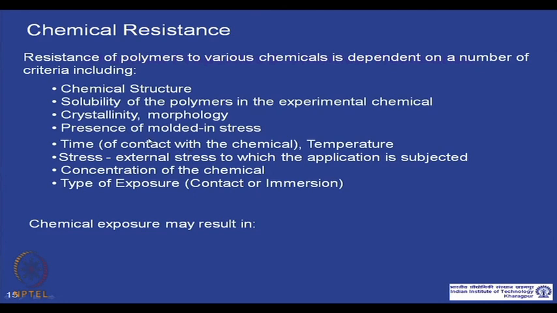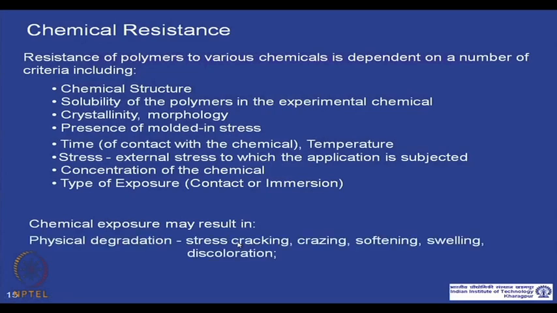If you want to make a plastic bottle for a perfume or say something else like alcohol, then obviously that plastic material has to be resistant to that alcohol to survive for a long time. So, these are the typical applications where you test for chemical resistance.